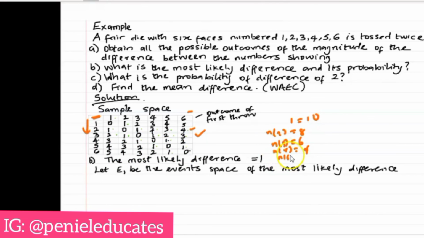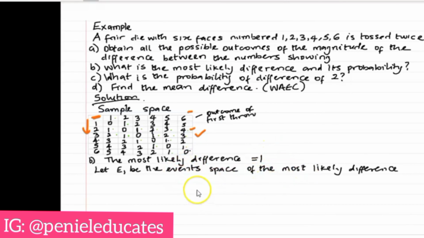So 5 occurs 2 times. So the most likely difference, which is 1, occurs 10 times. That means it is the difference that occurs most in the outcome. So we have 1, so that's the 10.